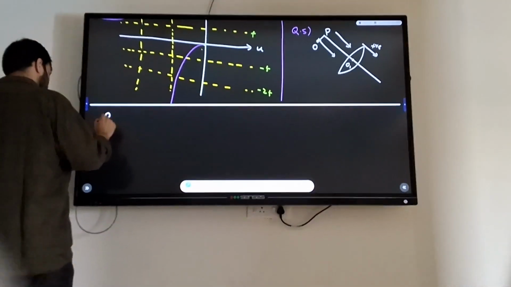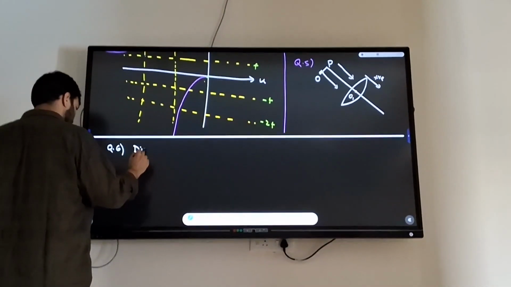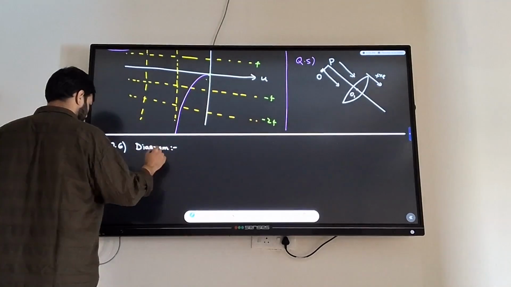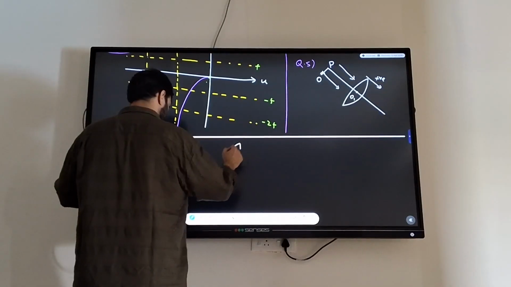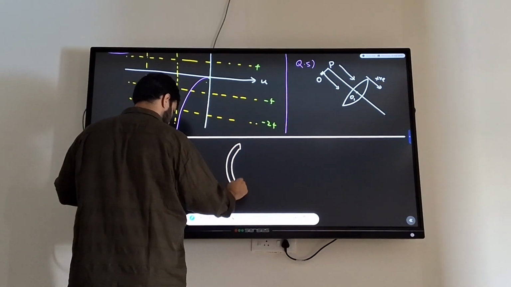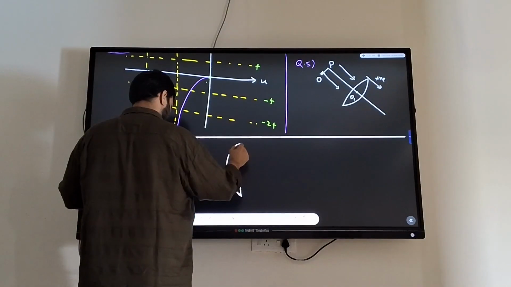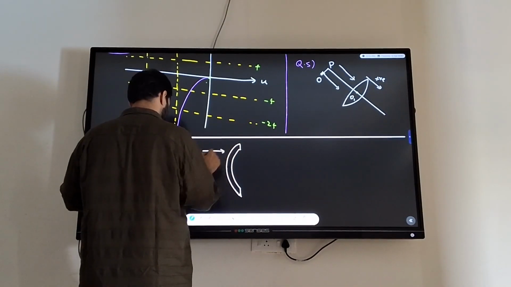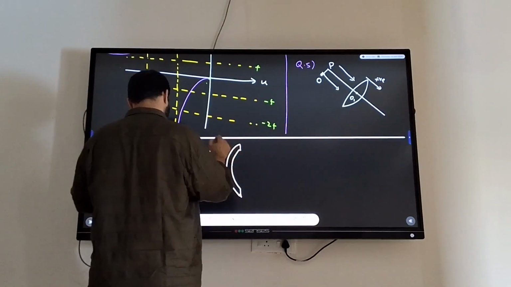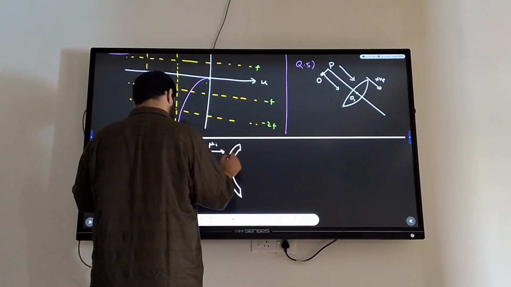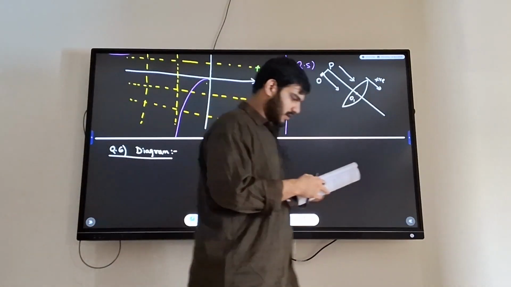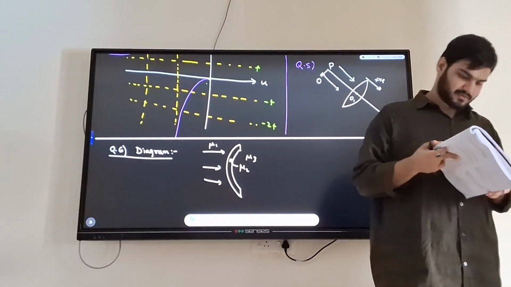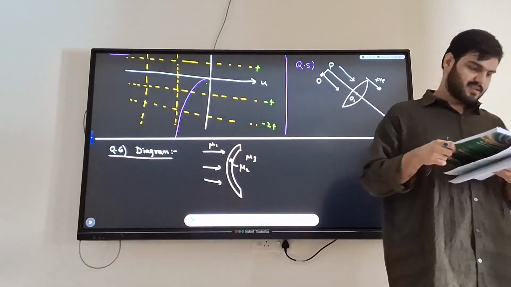There is one more question. I will even give this as homework. Now I think you have to find the focal length of this system.